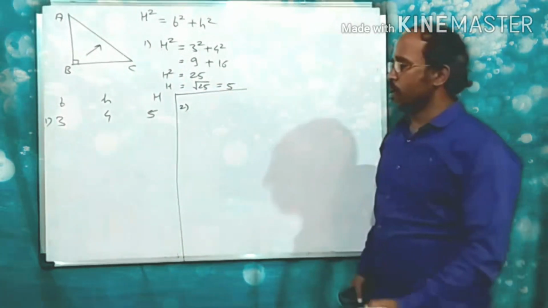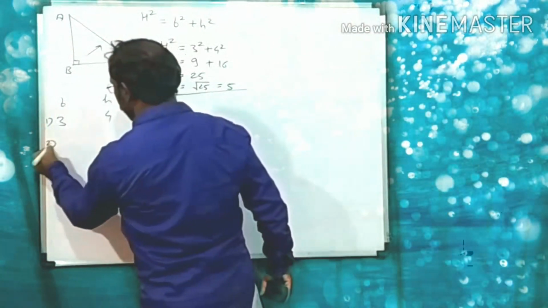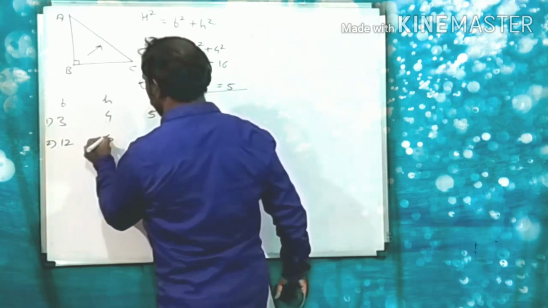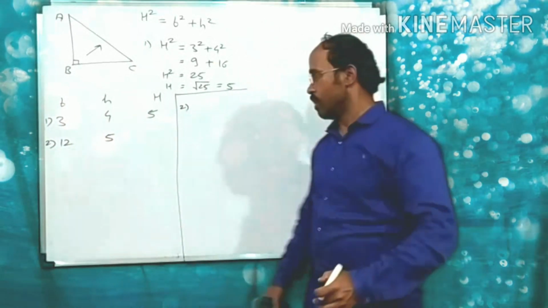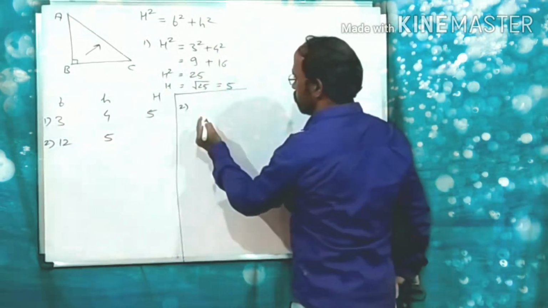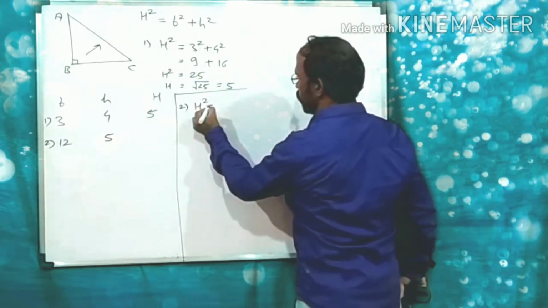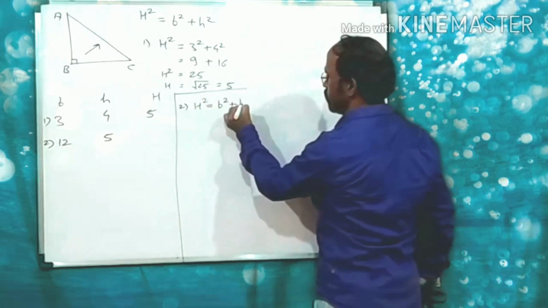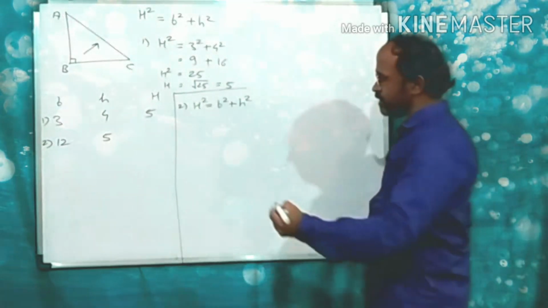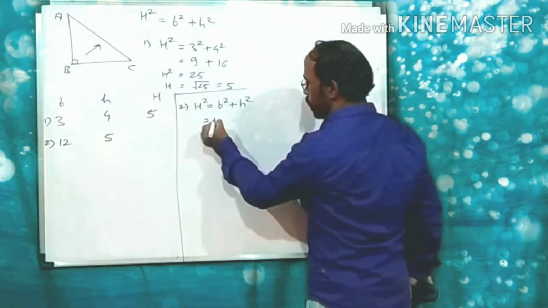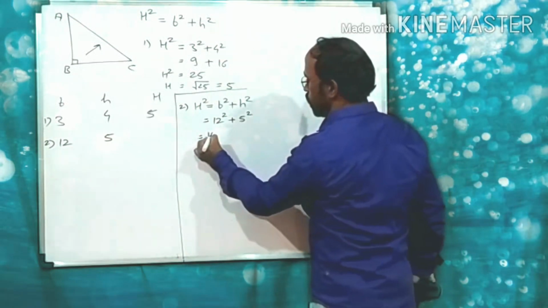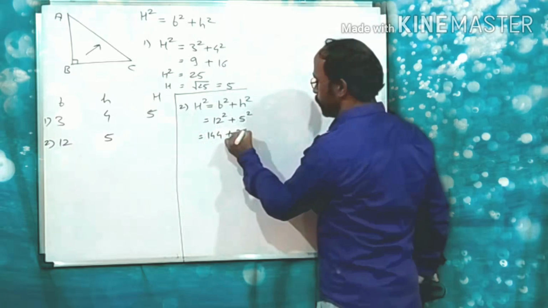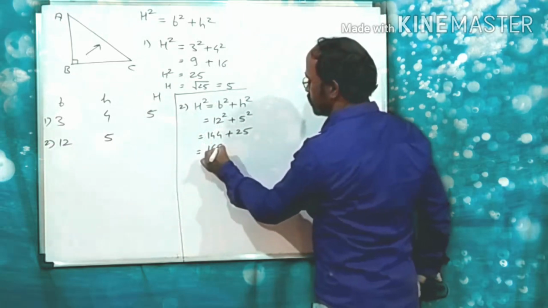Consider base is equal to 12 and height is equal to 5. What will be the hypotenuse? Once again, according to the Pythagoras theorem, hypotenuse square is equal to base square plus height square. Let's replace the values. Base is equal to 12. So 12 square plus 5 square, which is equal to 144 plus 25, which is equal to 169.